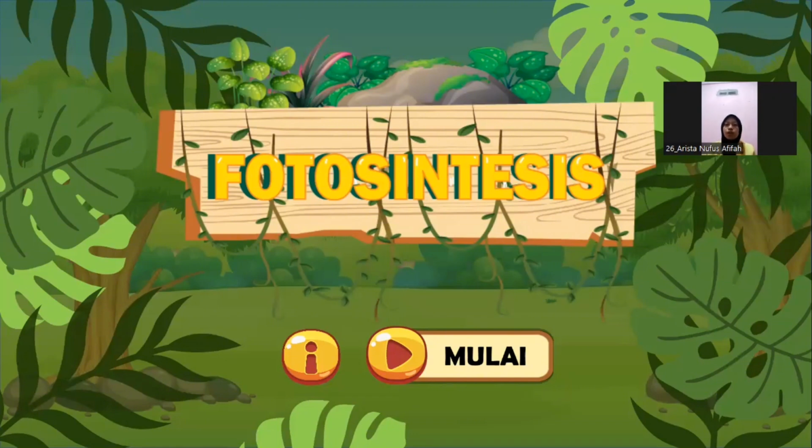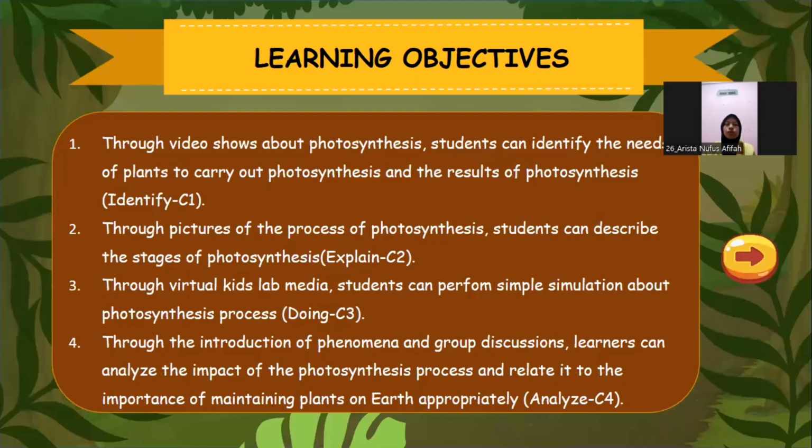The learning objectives that will be achieved in this lesson are: first, students can identify the needs of plants to carry out the process of photosynthesis and the result of photosynthesis well. Second, students can explain the stages of photosynthesis well.